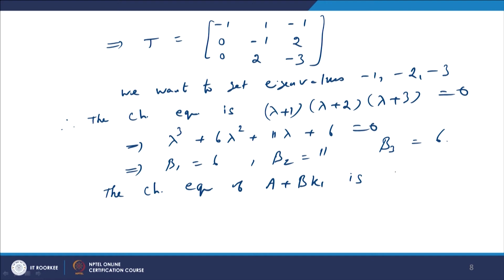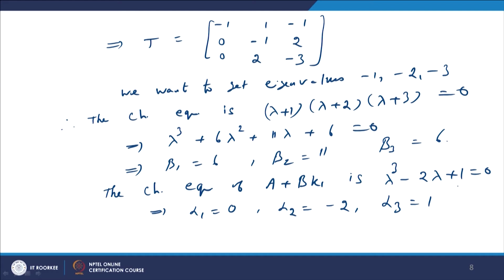So, that is given directly if you calculate: we will get lambda cube minus 2 lambda plus 1 equal to 0. So, from the standard notation we get alpha 1 is 0, the lambda square term is not there, alpha 2 is minus 2 and alpha 3 is 1.